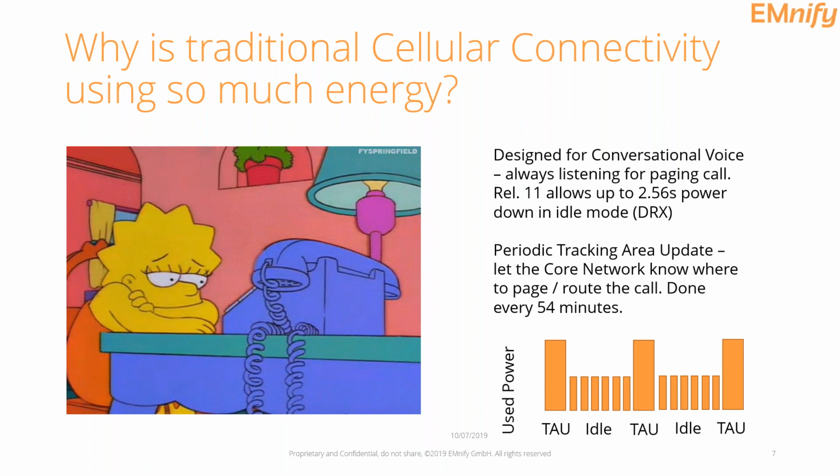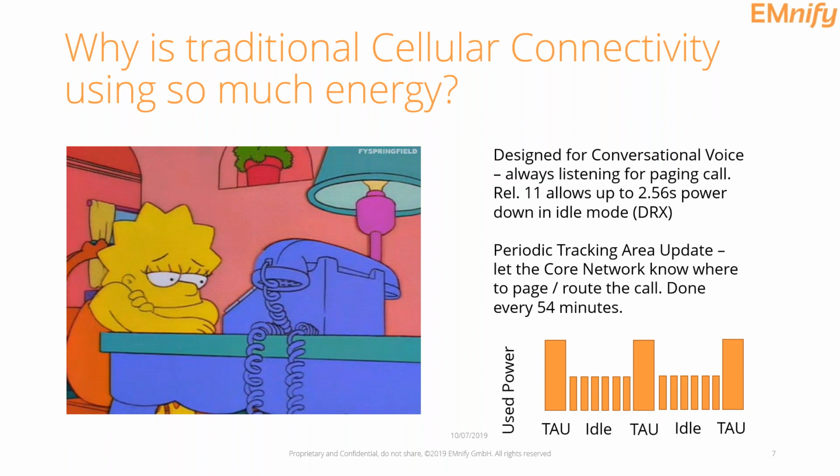So this is just to show a little bit graphically how this would look. Every 54 minutes, there would be this periodic tracking area update where proper data is sent. And then there would be, let's say, the idle mode, but actually in this idle mode the device is still listening if there's a call or any communication relevant for that device.